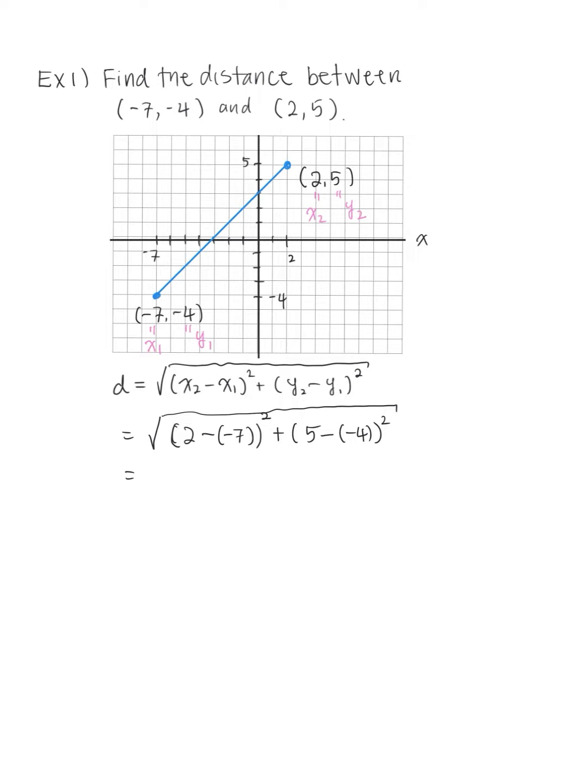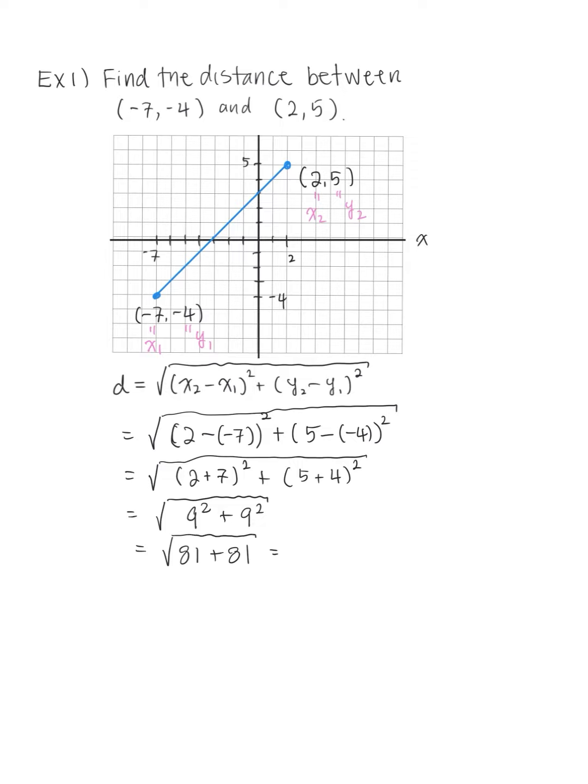Okay, so let's take one step at a time. So this is going to be the square root of, this becomes 2 plus 7 squared, right? And then plus 5 plus 4 squared, all in the square root. Okay, so then this becomes the square root of 9 squared plus another 9 squared, all in the square root. So that's going to be the square root of 81 plus 81.